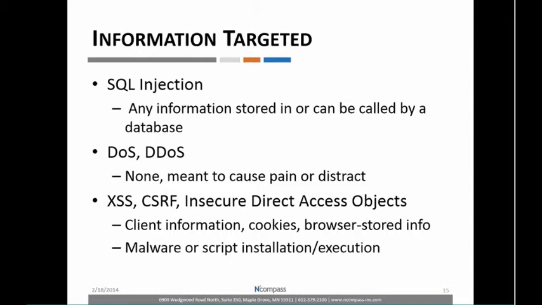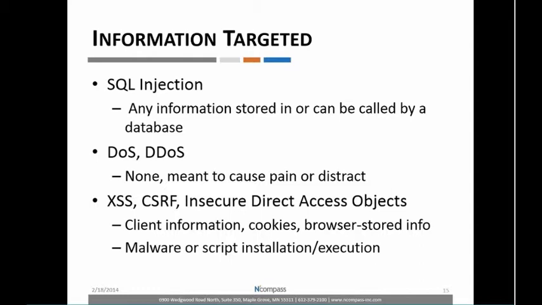Cross-site scripting, wow, I'm going to miss this one. Insecure direct object references, cross-site request forgery: client information, cookies, browser stored info, all that information is what's attacked with these. The other thing that's heavily used is to try to proliferate malware into a broad population, and that malware can then be used for denial of service attacks and for other types of things.